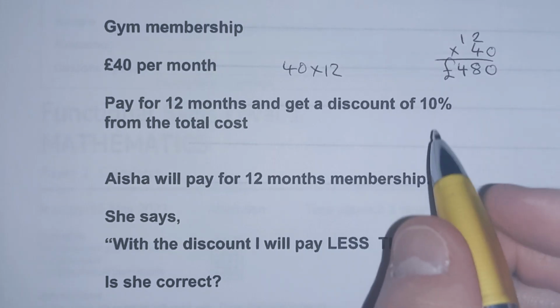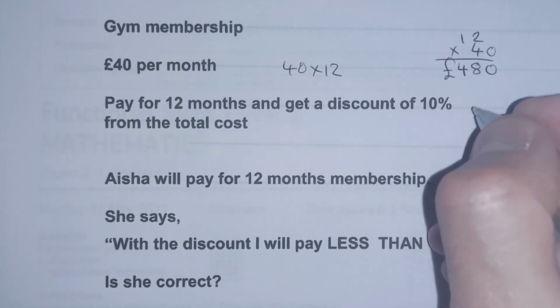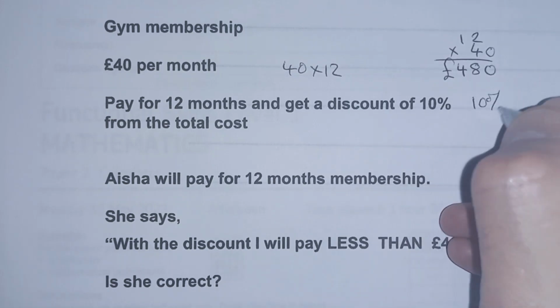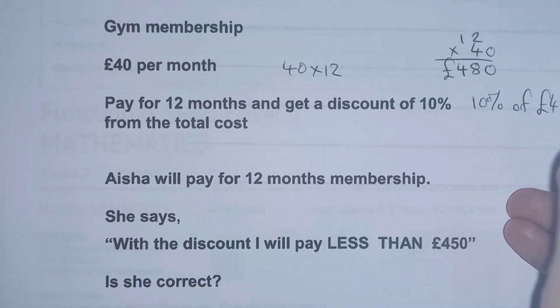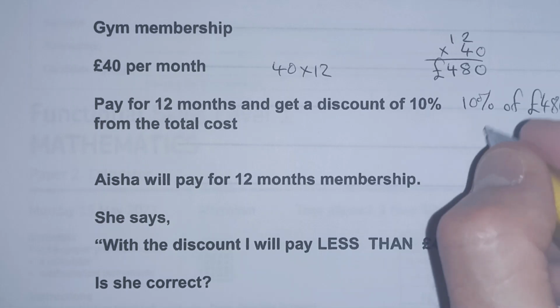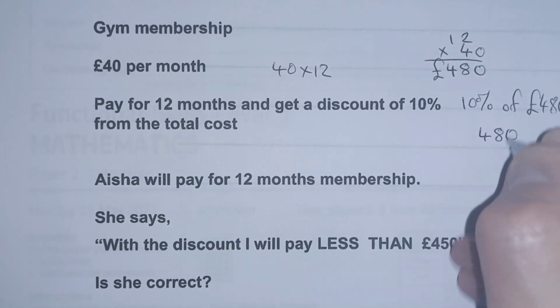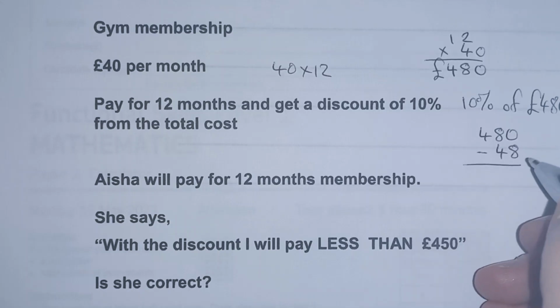Okay. Now she does get a discount, and she gets a discount of 10%. So 10% of £480. Well, we just take the 0 off the end to get £48. Now, if we want to take that money off, we need to do 480 minus the £48 discount.